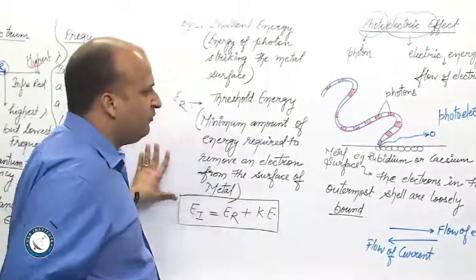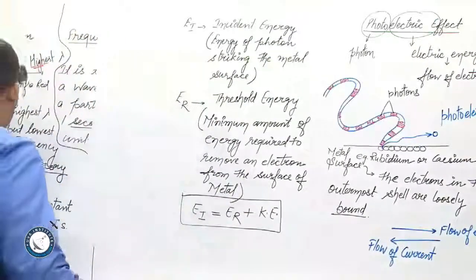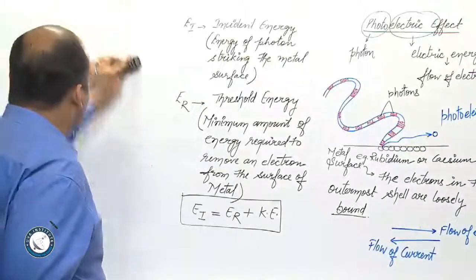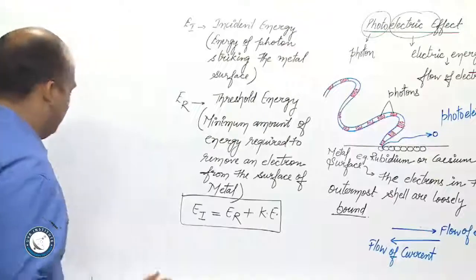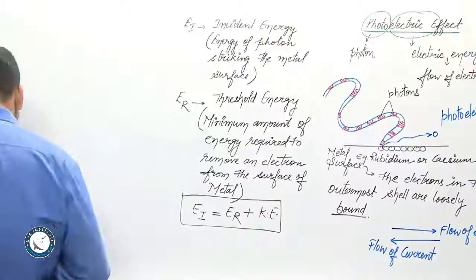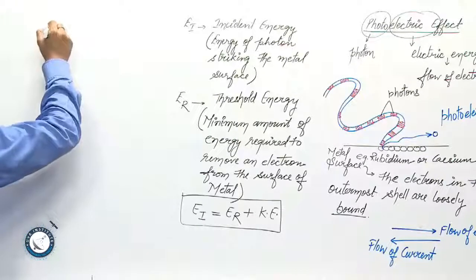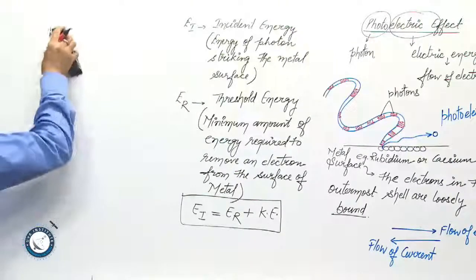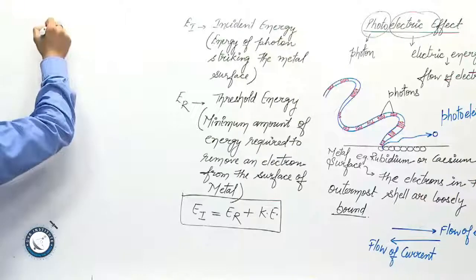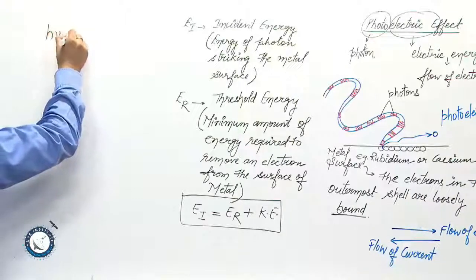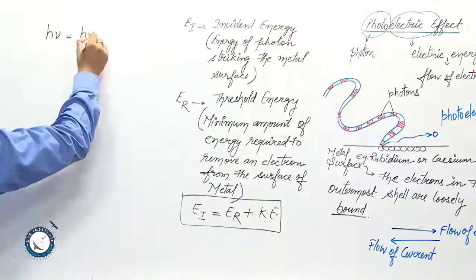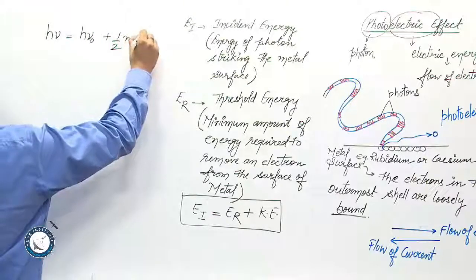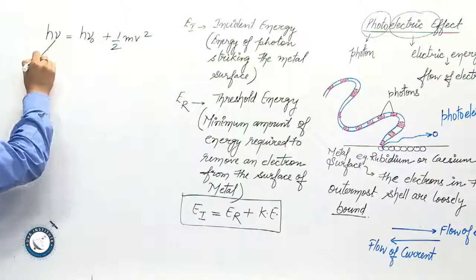Okay. So if I now use the formula for energy of a photon, I will say that, or rather I should first talk in terms of frequency, h nu is equal to h nu naught plus half m v square. What is nu?